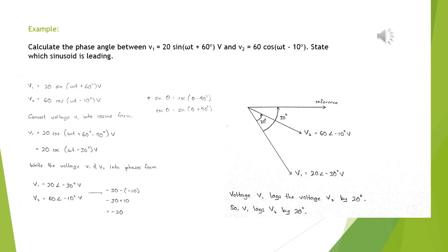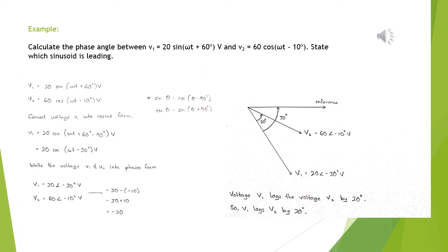For this question, we list down the V first. After that, we convert the voltage V1 into cosine form to make it match with the V2 that has been stated in cosine form. We can use the relationship to solve this.